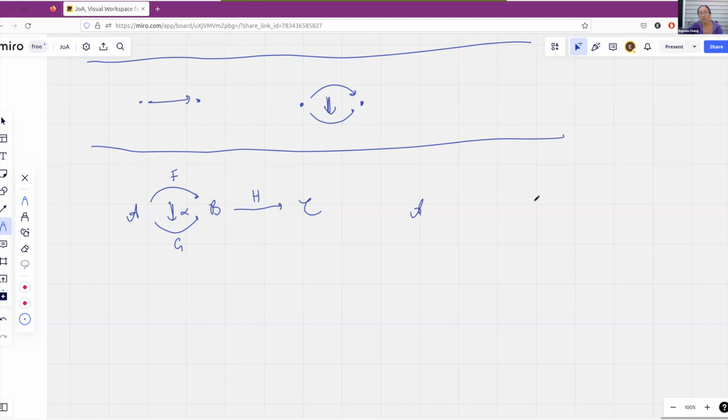We've got the outside categories A and C. The very top functor is HF.